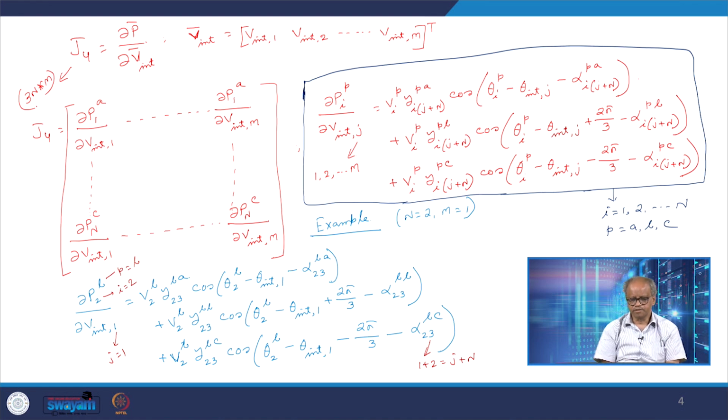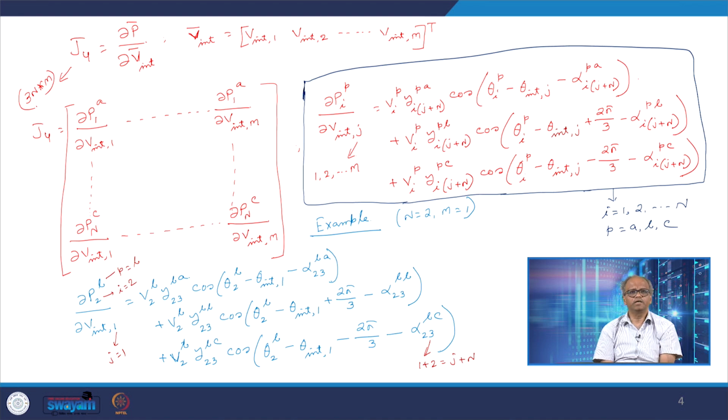Then this is the expression. Just by using this expression, all the elements of this matrix J4 can be calculated. So this completes the calculation of the J4 matrix.